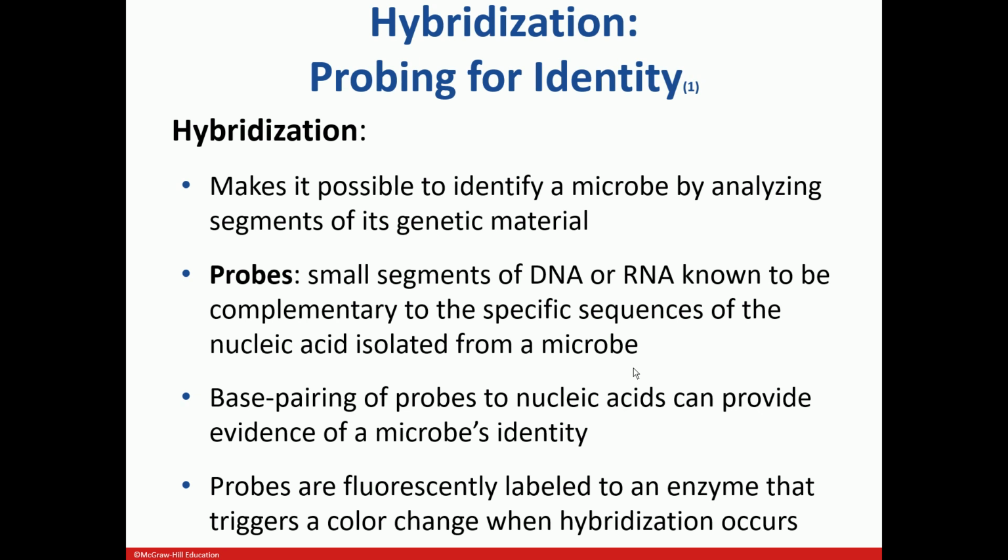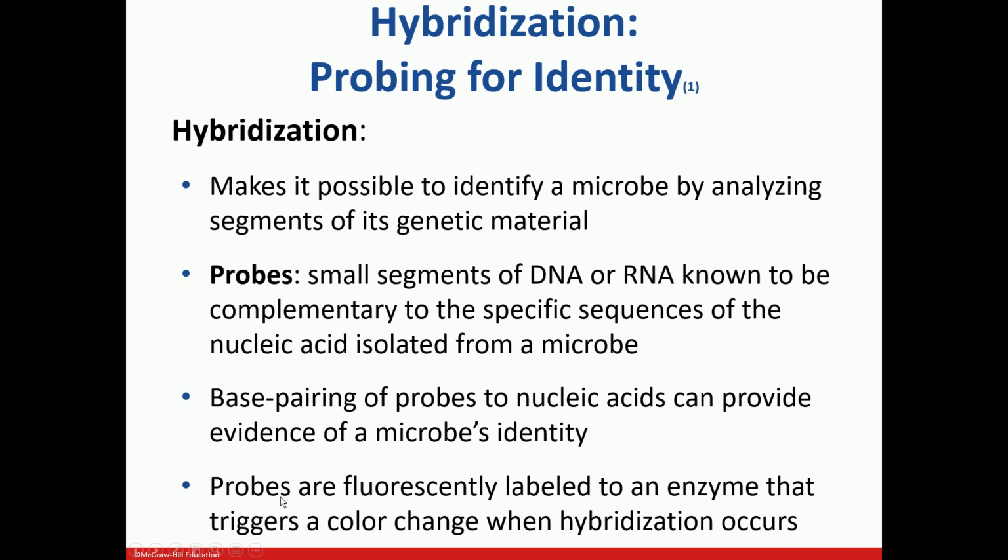The binding of the probe on the genetic material of the microbe which is isolated from the clinical sample is on the basis of hybridization. Hybridization means the probe will go and bind only to the complementary sequences in the genetic material of the microbe which is present in the clinical sample.